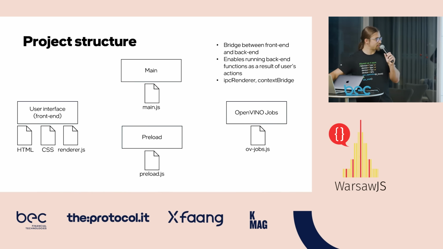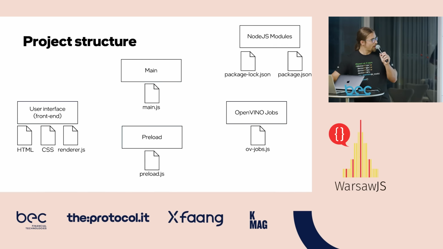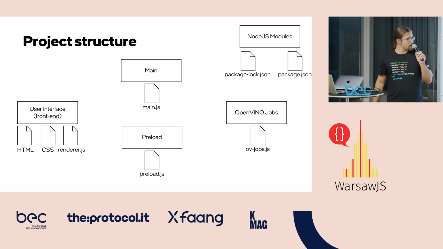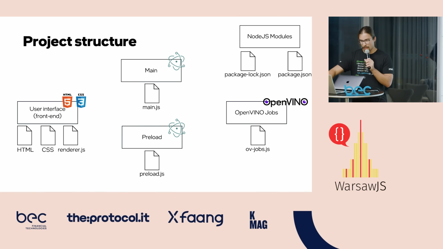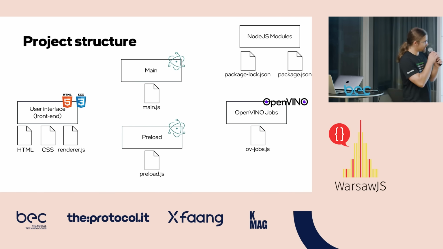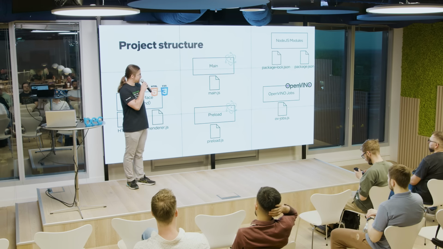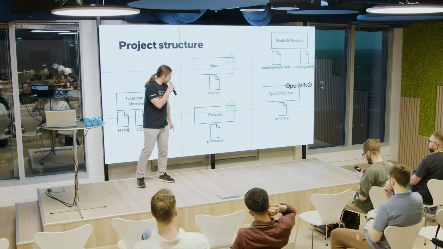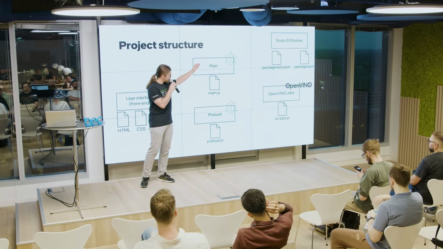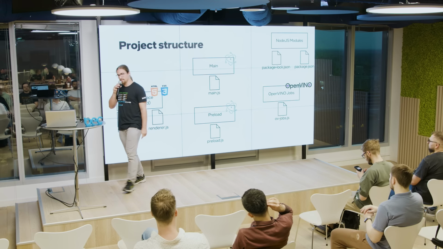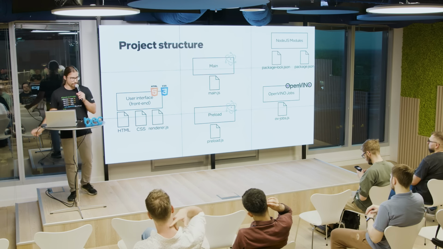And preload, which is a bridge between the user interface and OpenVINO jobs. So let's say this is the controller part of the model view controller architecture. And of course, Node.js modules with package.json and package lock. So as I mentioned, HTML and CSS is here, OpenVINO is over there, and ElectronJS functions are in those two components here.